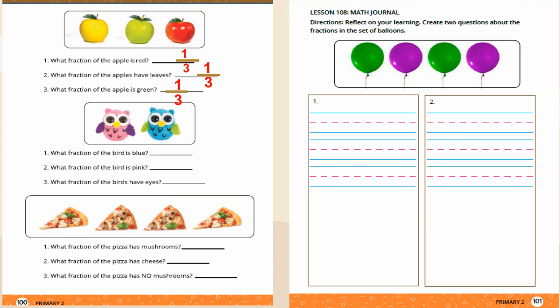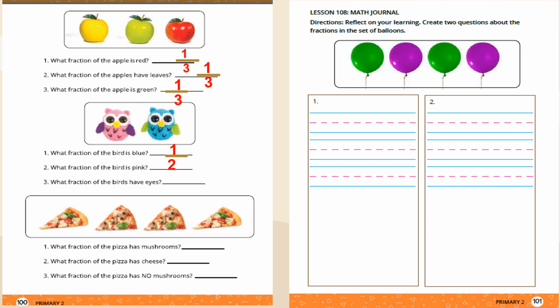Here I have purple and blue birds. In the first question, what fraction of the birds is blue? How many birds? 1, 2. And the blue 1. We must first put the fraction bar, then 1 over how many birds? 2.